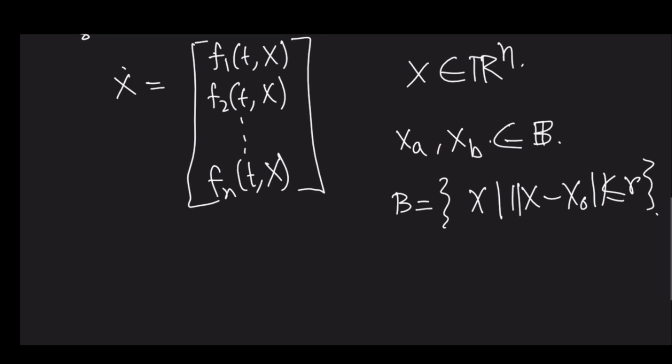Now back to the business: if we take two extreme points xa and xb, they maintain the Lipschitz relation. So you can consider xa as your starting point and xb as your terminating point. In this region your function f is Lipschitz, and you have also claimed that this function is piecewise continuous with respect to t.